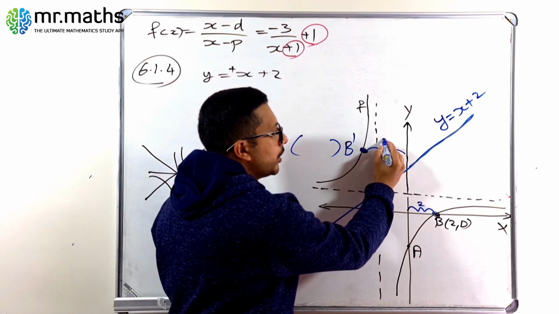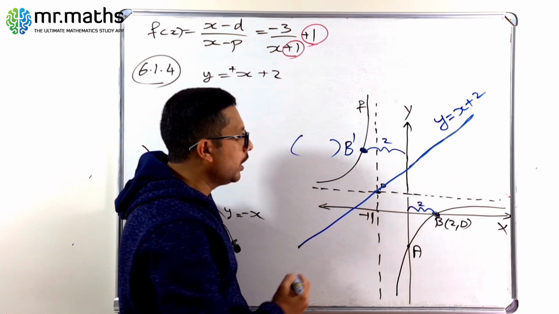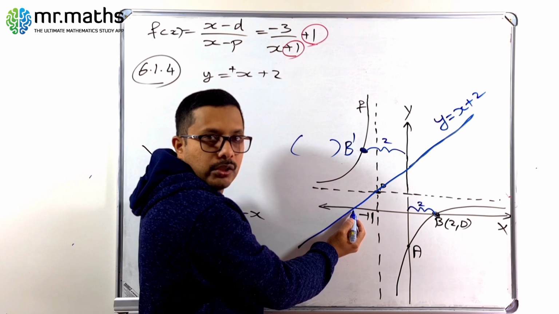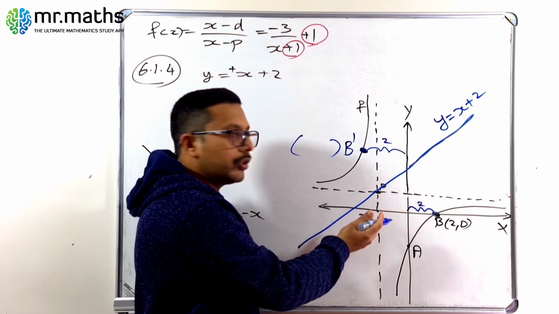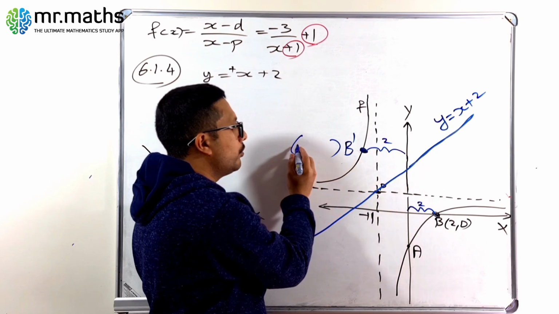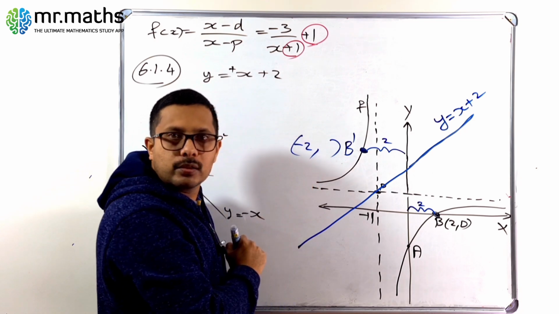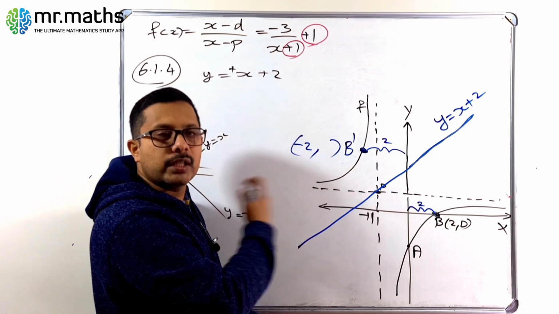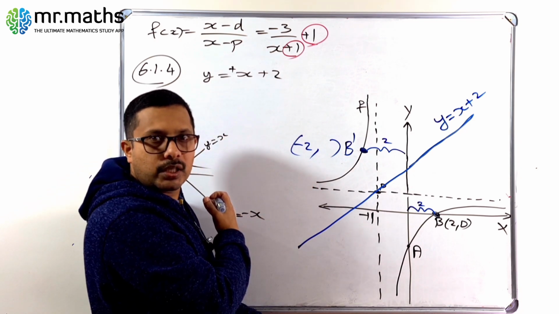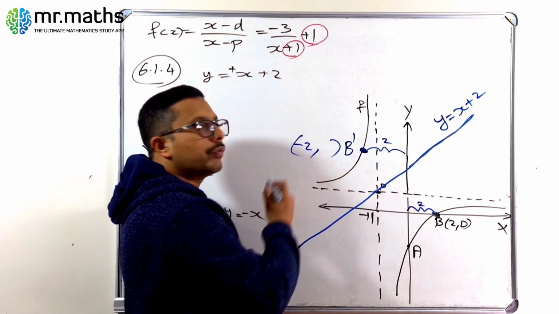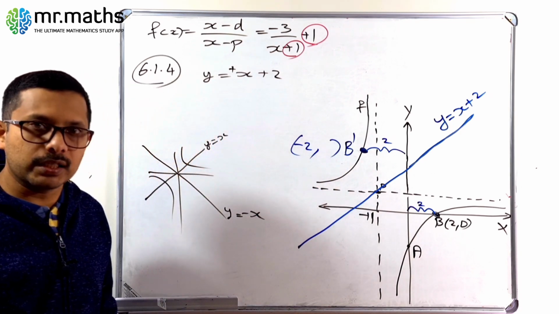You understand? Since this point is on the negative side, am I right? So even though the distance is 2, how do you write the coordinate? It's minus 2. Because the x value is on the negative side. So the x value of the reflected point is minus 2.